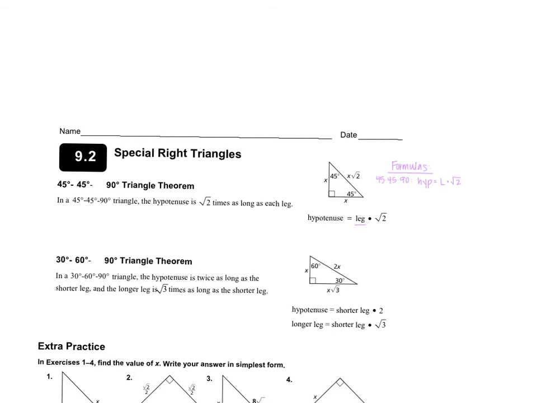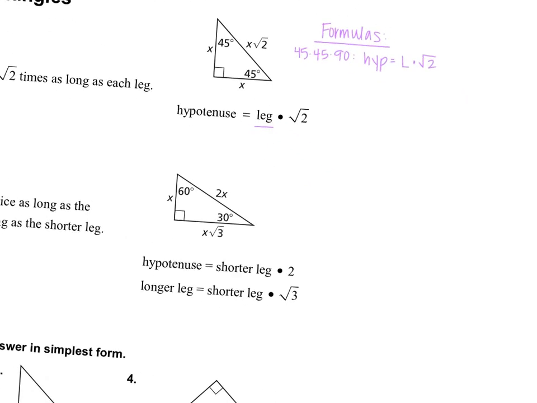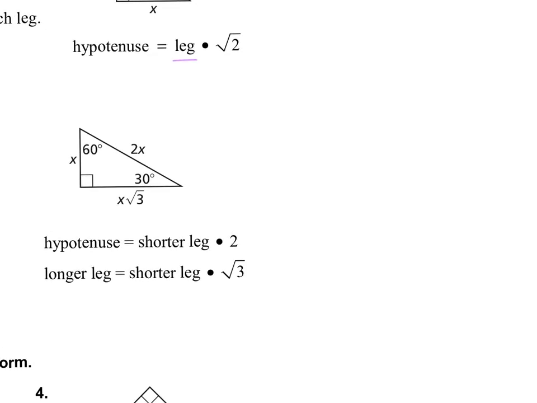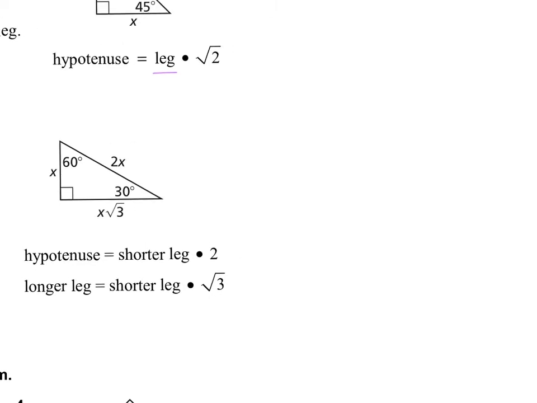There are only two special right triangles, and the other one is a 30, 60, 90. Once again, it's just named based on the triangle angle measures. This one actually has two formulas because the legs are not the same length, therefore we need two different formulas.